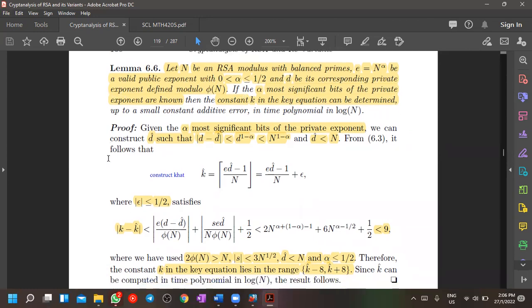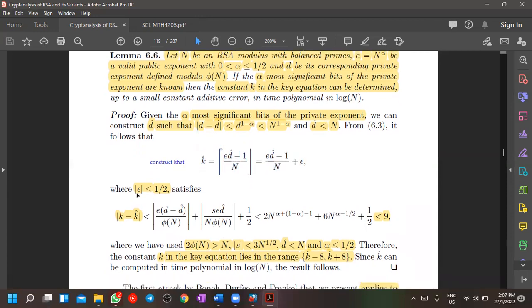We prove the lemma by, given the alpha most significant bits of the private exponent, constructing d hat such that this condition holds and d hat is less than n. From 6.3, it follows that we can construct k hat, where the modulus of epsilon is less than half.